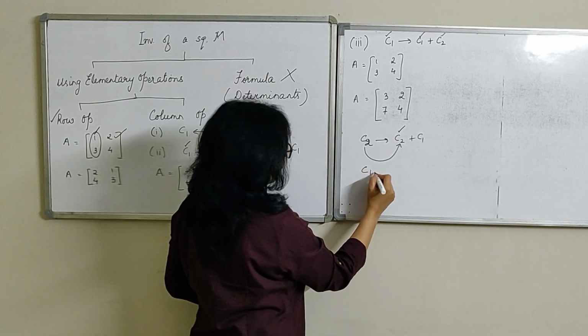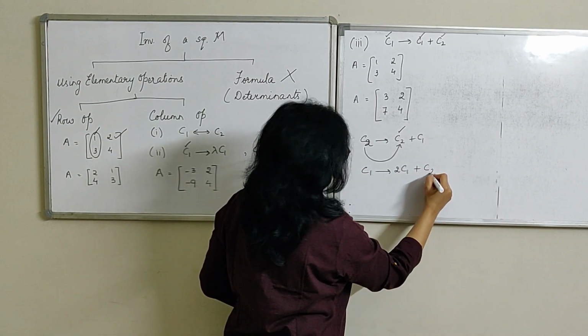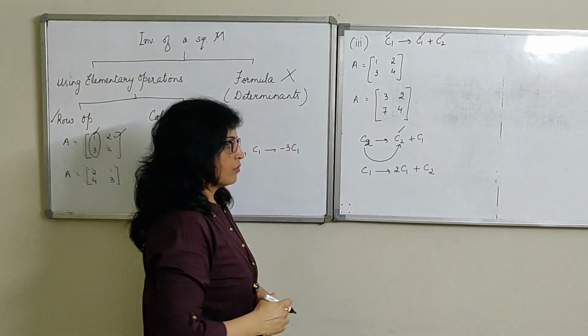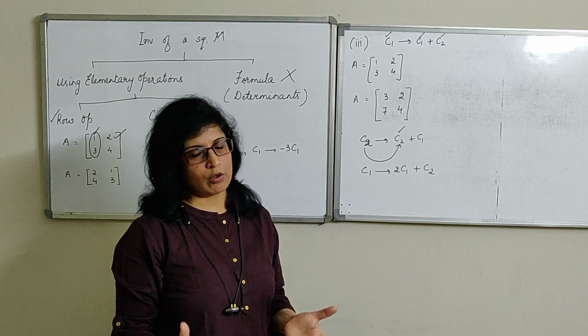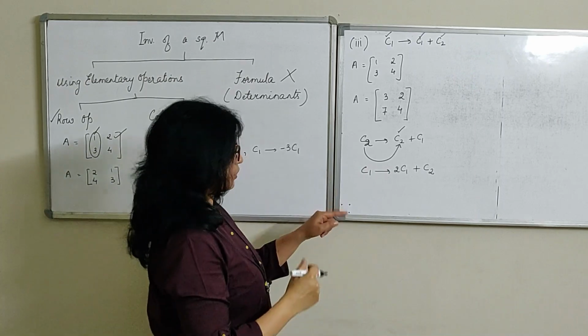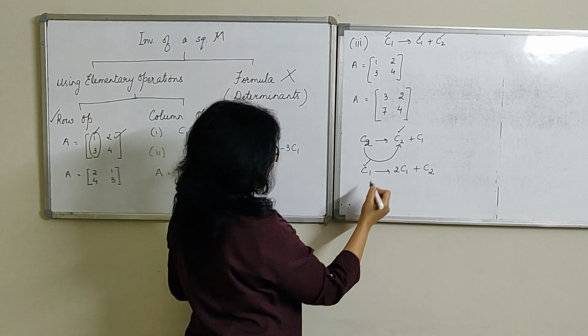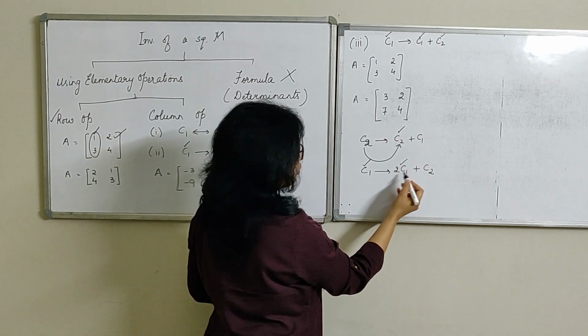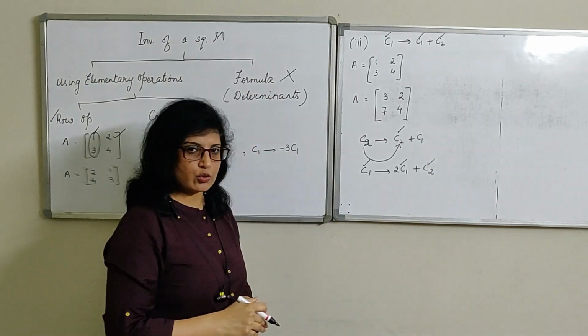An operation of this kind is also a valid operation, because here what we are doing is a new column C1 is obtained if to twice of C1 we are adding corresponding elements of C2.